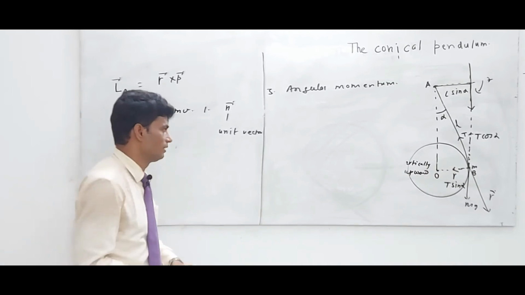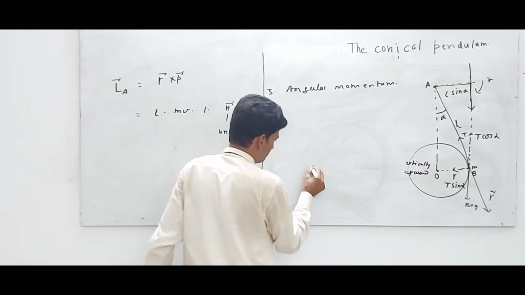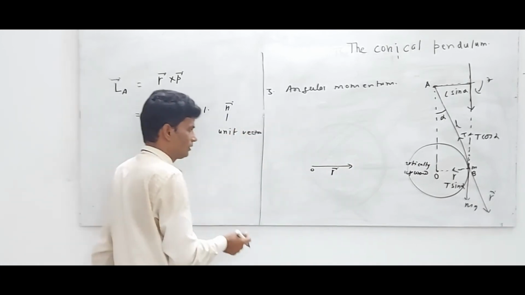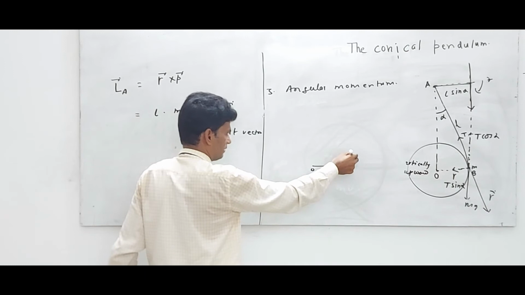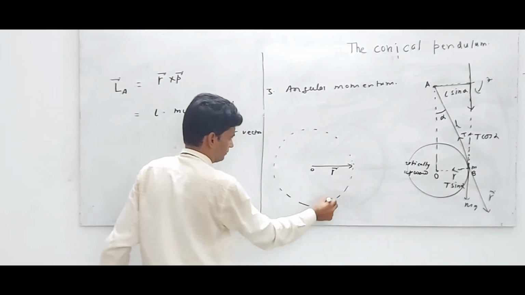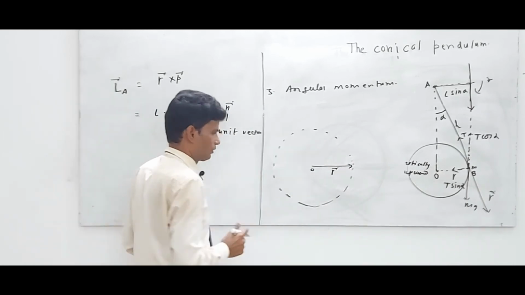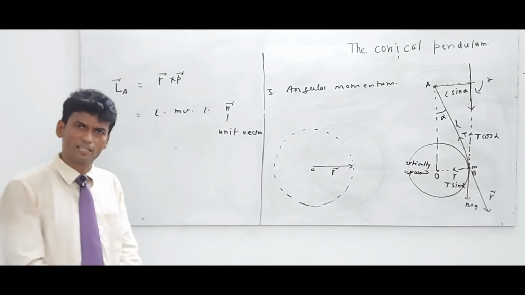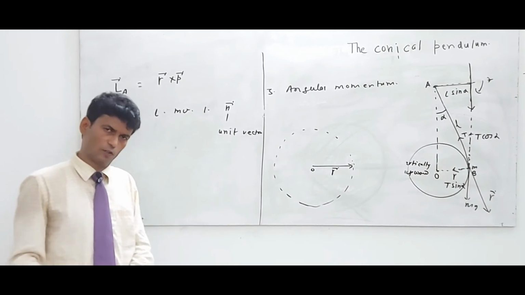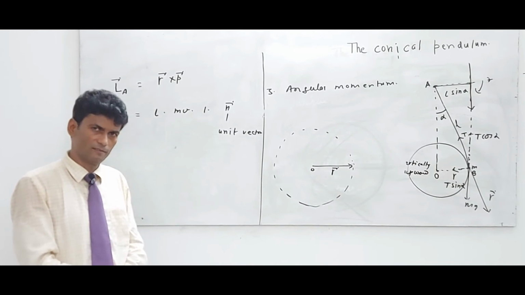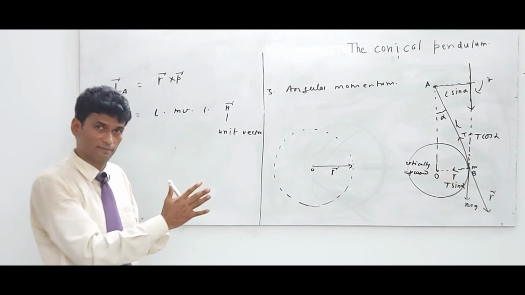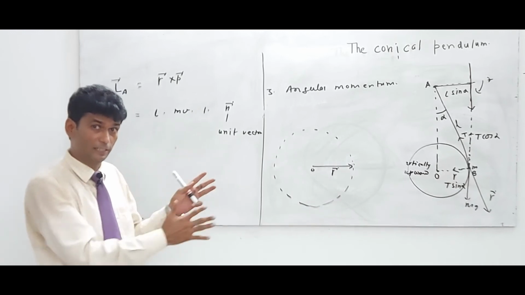Firstly, suppose here is the origin and here is the vector r. Now this vector r is rotated in a circle like that. However, the angle of rotation we are going to take is very small, infinitesimally small. But for the sake of clarity, we are going to show it as a finite angle, though definitely it is not so.